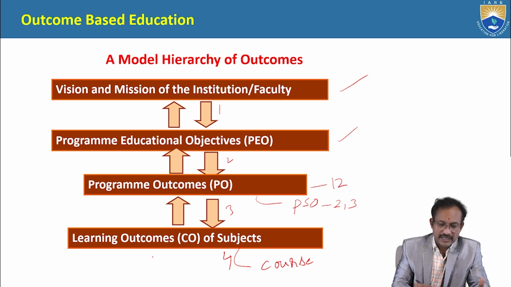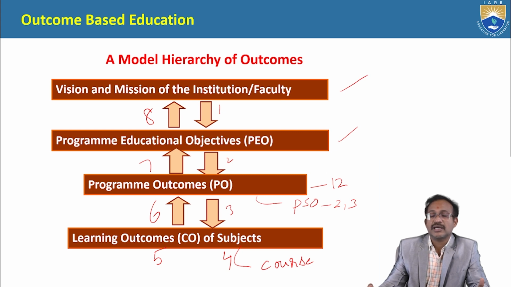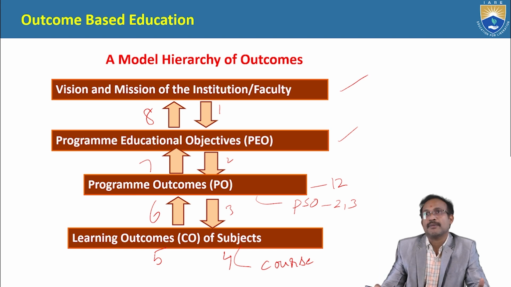This one is 5, 6, 7, 8, the bottom up model. So 1, 2, 3, 4 is the top down approach, which is for the design, and 5, 6, 7, 8 is the implementation. So design is top down and implementation is bottom up. That's what we have discussed here.